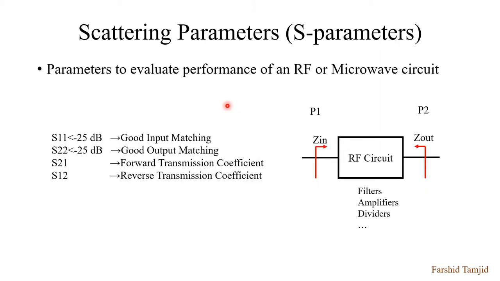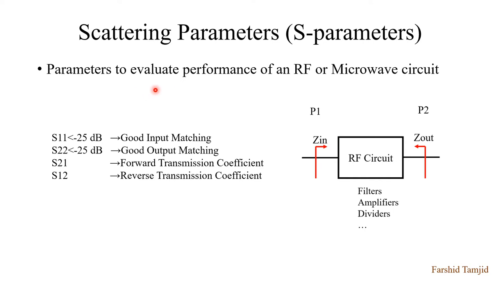The next slide is about scattering parameters. I don't want to go through the theory of S parameters. I just want to let you know that they are parameters to evaluate the performance of RF or microwave circuits. At lower frequencies, you just measure voltages or currents or some other parameters.